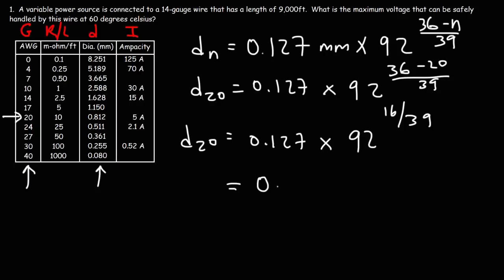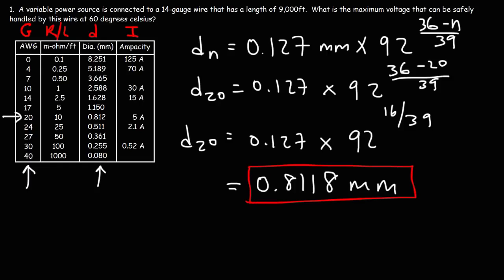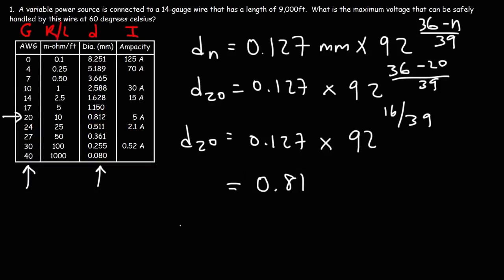You should get 0.8118 millimeters. So that is the diameter size given a wire gauge of 20, which corresponds to the data that we see here in the table. So that's the formula that you could use if you want to calculate the diameter size in millimeters if you know the gauge number. Now let me erase a few things.